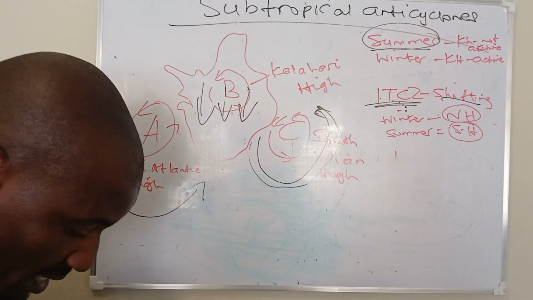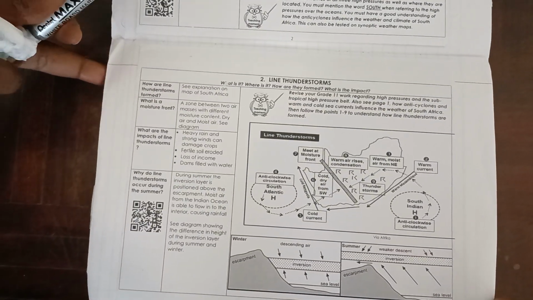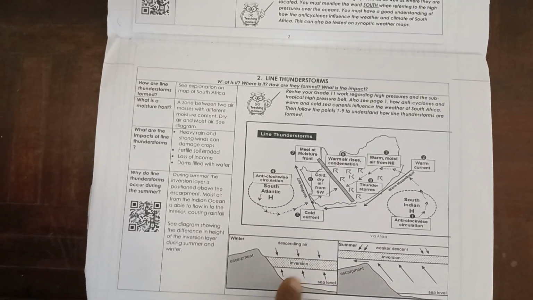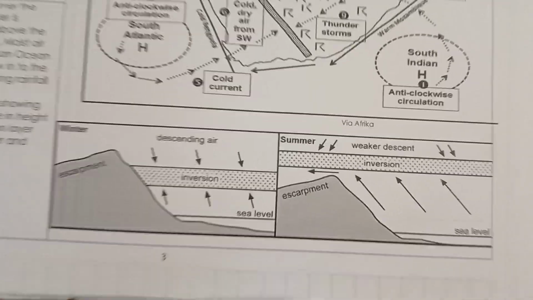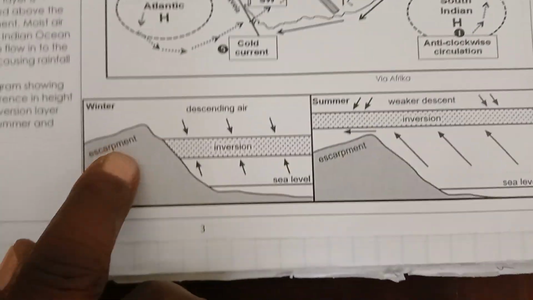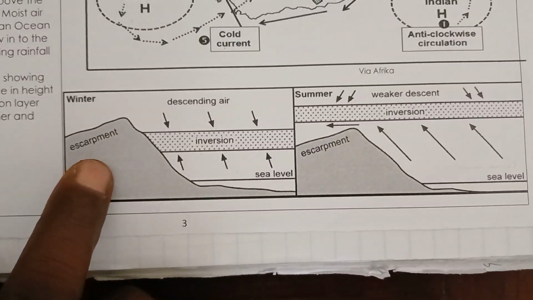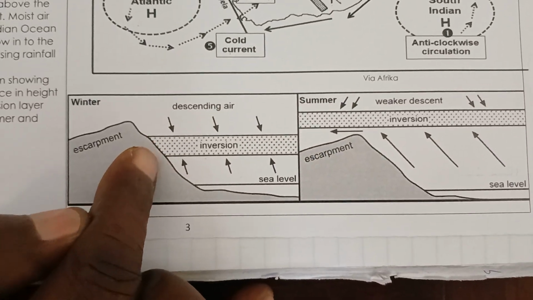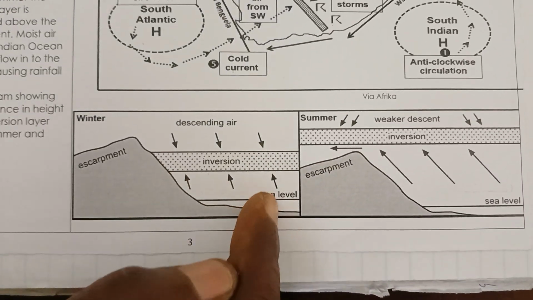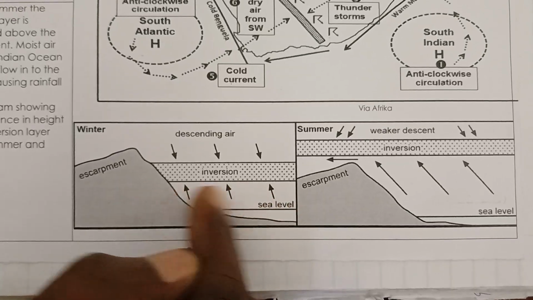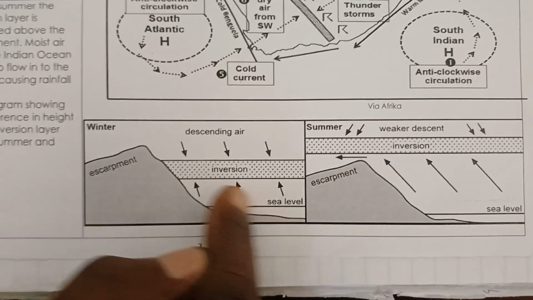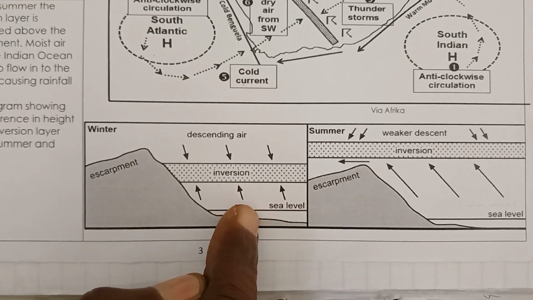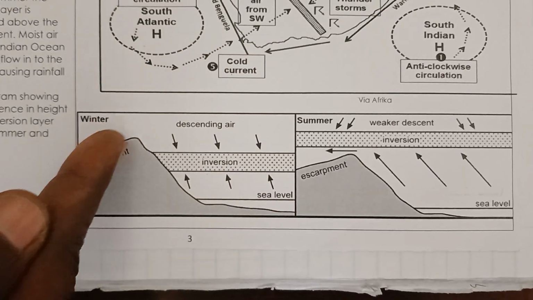This is what I'm going to explain now, showing how the line of thunderstorms is formed. How the line of thunderstorms forms. Okay, so the first thing is I'm just going to look at these two. As you can see, this is what I was talking about. During winter, our Kalahari is more active, such that it does not allow this rising moist air that is coming from the sea to go above the escarpment.